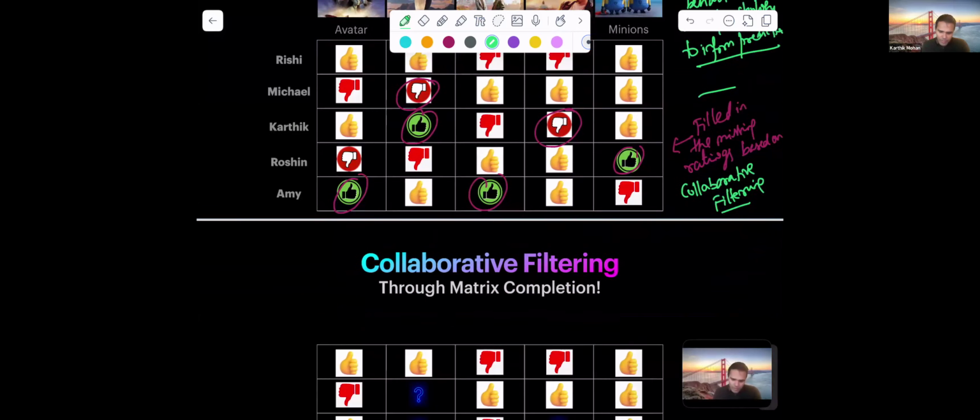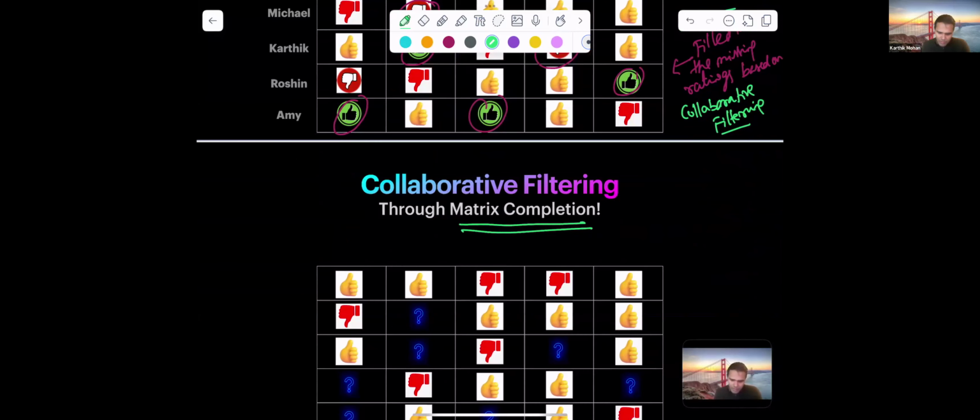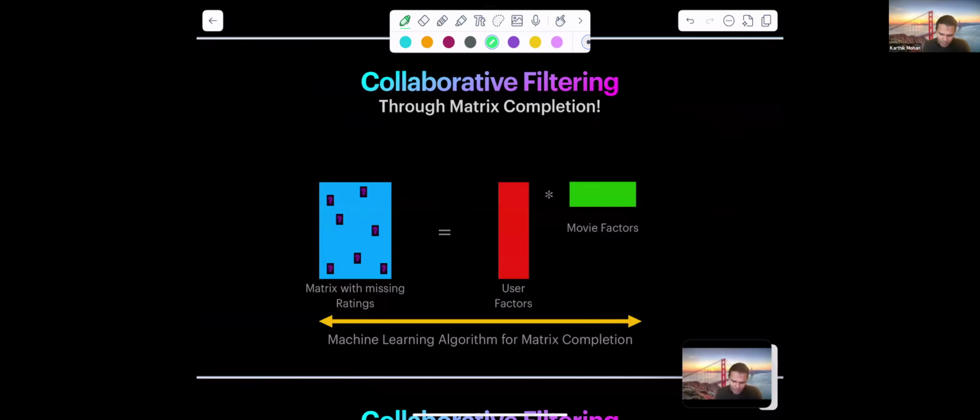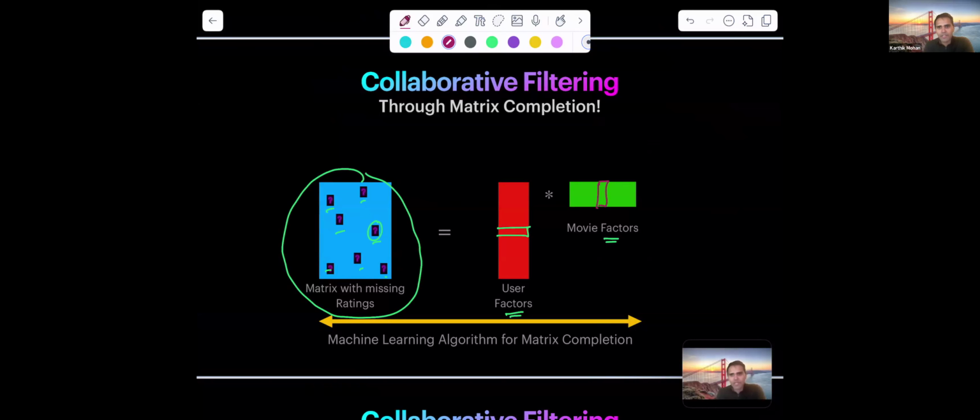And so one of the algorithmic ways is a model called matrix completion that depends on matrix factorization. The idea is that if you have a matrix with missing ratings, all these question marks here, and you can factor this matrix into user factors and movie factors, then maybe you can predict the missing rating by taking the corresponding row and the corresponding column, and when you take a dot product, you get a rating, right?